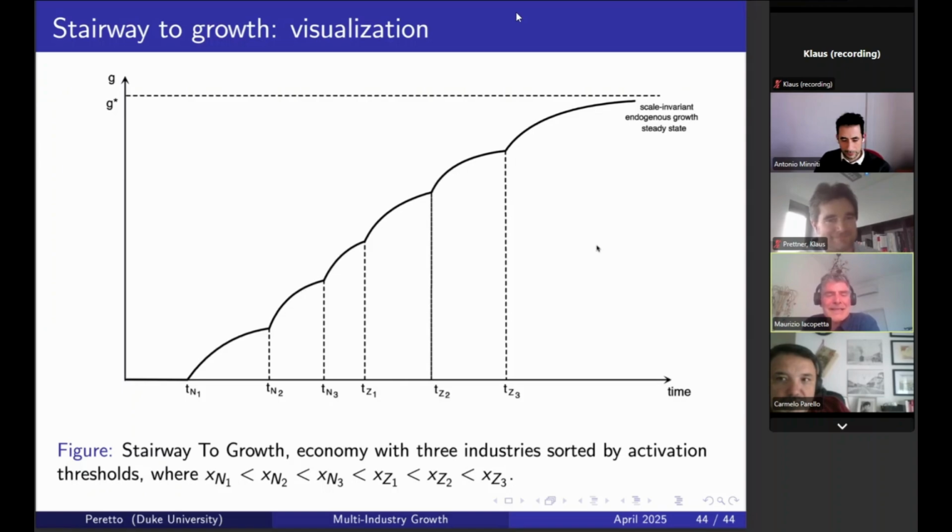Here I can see that this structure gives much more flexibility in timing the path of industrialization through these sectors, getting in step by step. I think it gives a lot of flexibility. That's very nice.